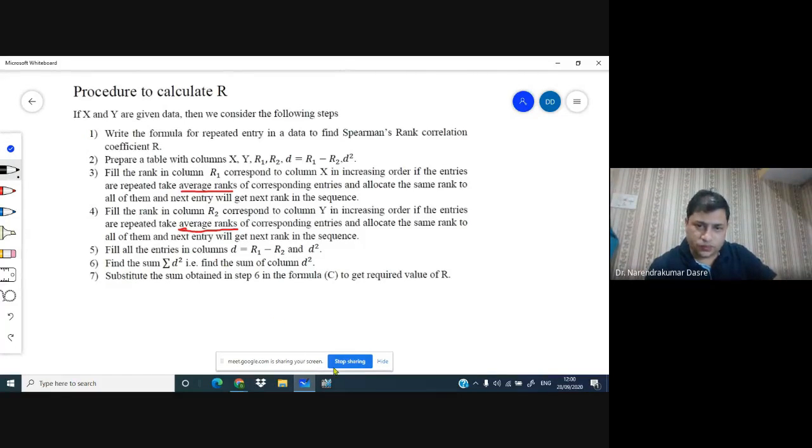If you have any doubt up to here, you can ask. Do you have any doubt in this concept, repeated rank? It will be more clear when we go with the example. So let us try this example.